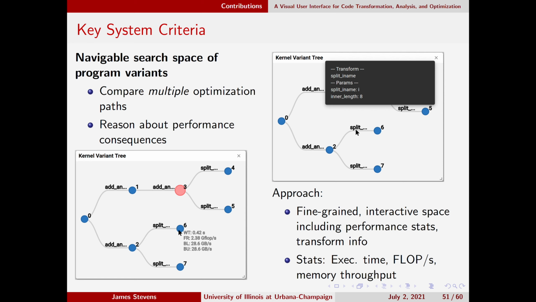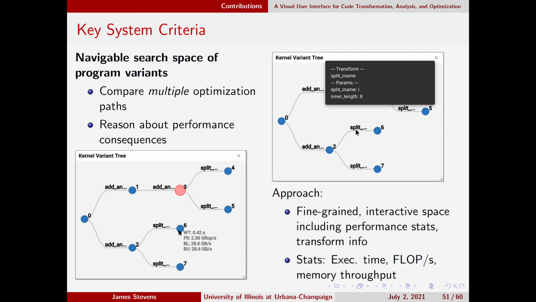Another key criterion is that the system should expose a navigable search space of program variants, allowing a user to compare multiple transformation paths and reason about the consequences of transformations. Here you can see an example interaction with our visualization of the program variant search space.